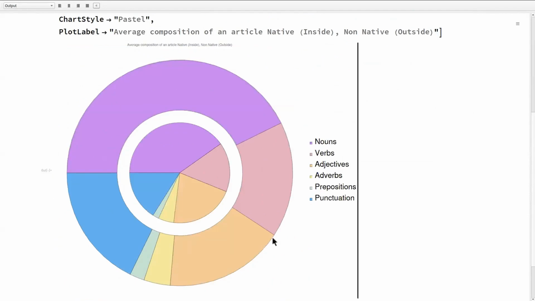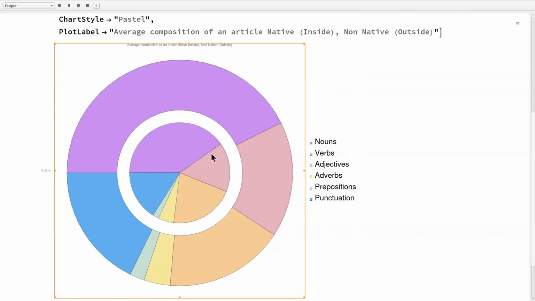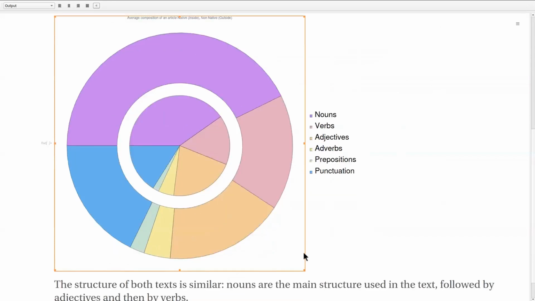Non-natives are outside and natives are inside. So again, punctuation, prepositions, and adverbs are almost the same, but we have a difference here between verbs and adjectives, which are more used by natives.